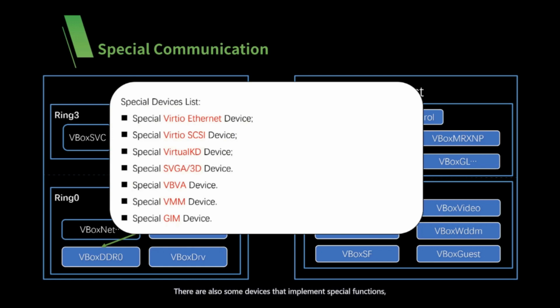There are also some devices that implement special functions, such as VirtualKD device for debugging, and Vmm devices that provide a basic protocol, HGCM, for various special services, such as folder sharing, file dragging, and other services. Therefore, special communication also has a large attack surface, but due to its private nature, you need to read the source code and reverse the binary to know its details.